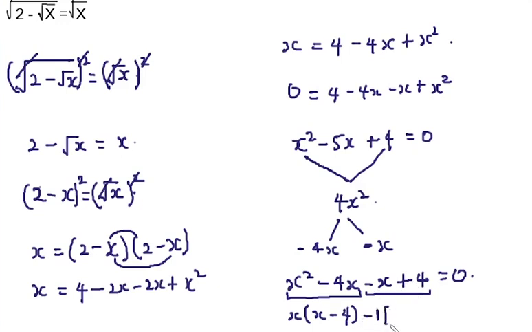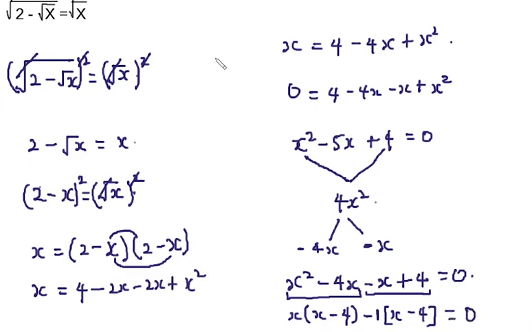This is minus 1 from minus x is x, and then minus 1 from plus 4 is minus 4. So after factorizing, your two brackets should be the same for you to know that your factorization is correct. So this is equal to 0.